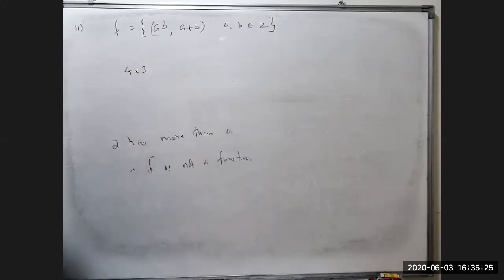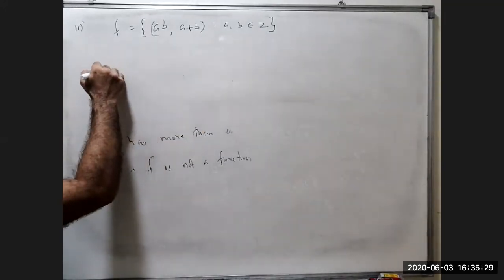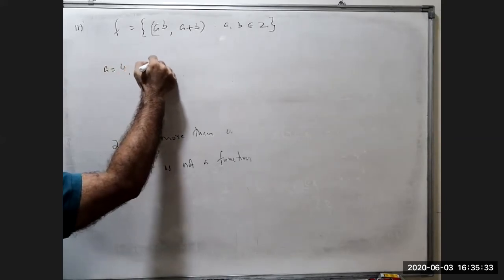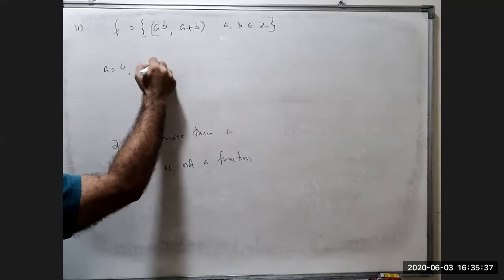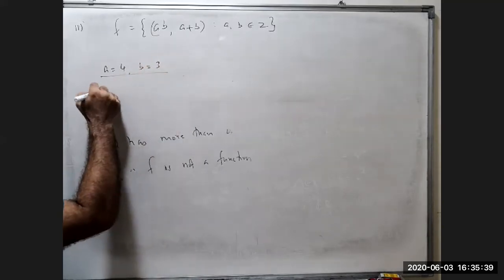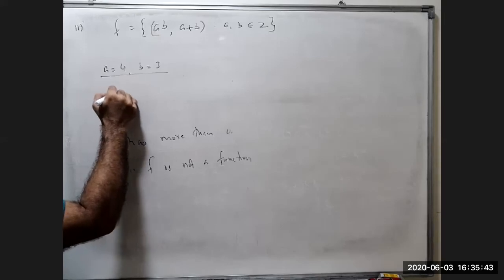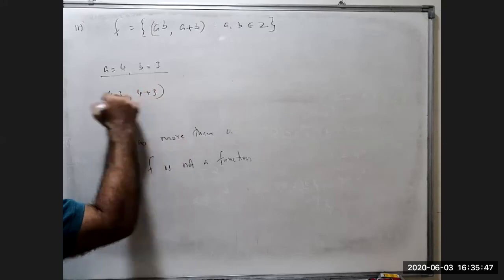For example, if A is 4, B is 3. We get 4 into 3, 4 plus 3.